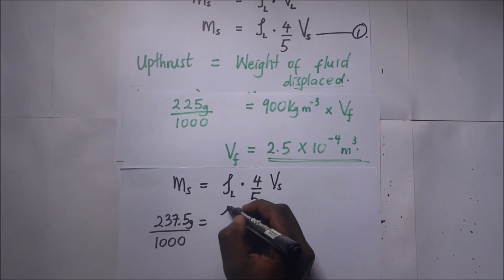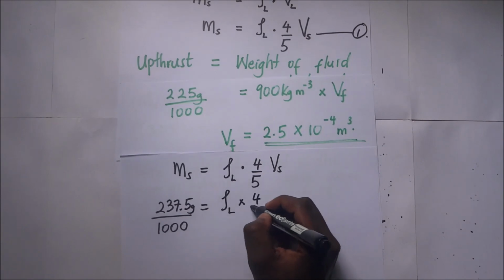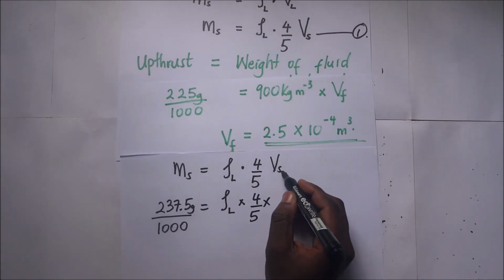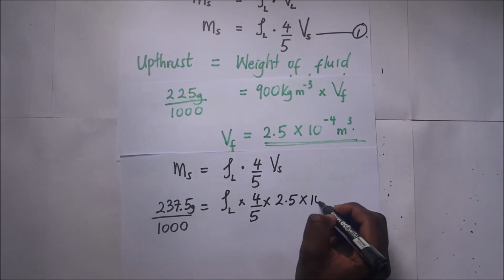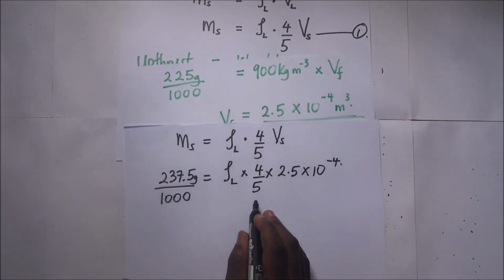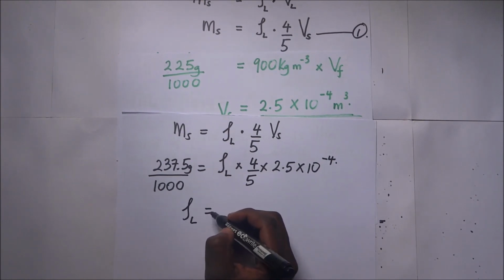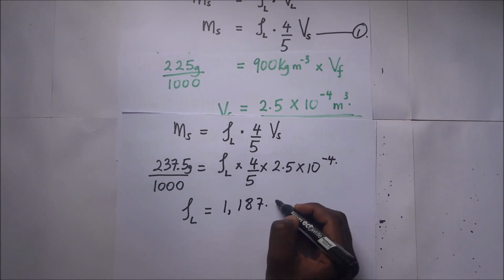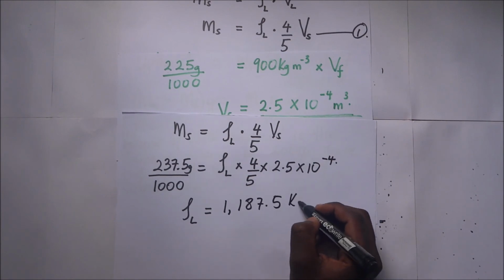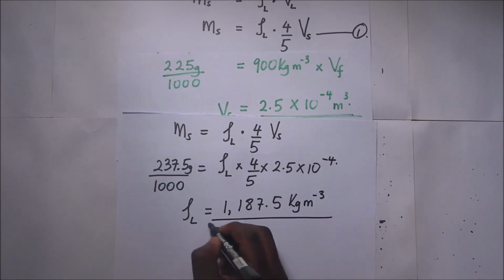It is going to be equal to the density of the liquid multiplied by 4/5 times the volume of the solid, which is this 2.5 times 10 to the power -4. So the density of the liquid in this case is going to become 1,187.5 kilograms per meter cubed.